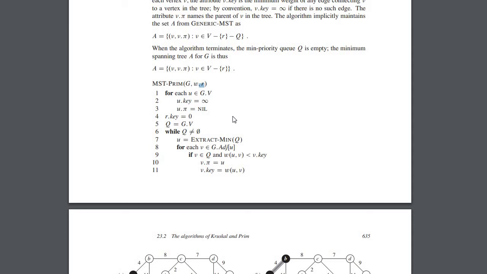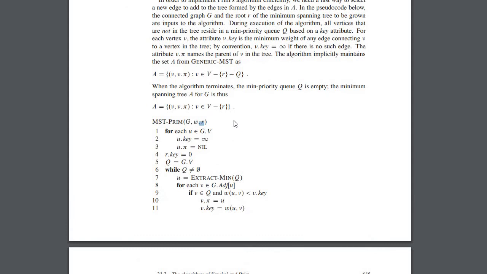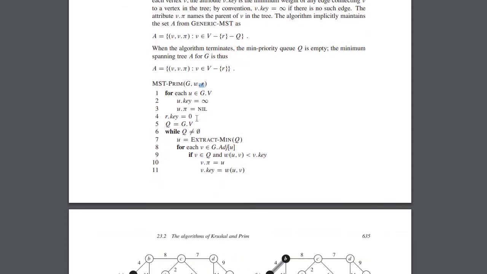So what are these two things? Pi basically contains the parent name, and key is the minimum priority queue, which is based on the key attribute. So we have two different attributes for each and every vertex.